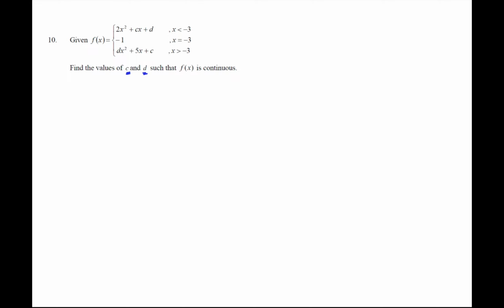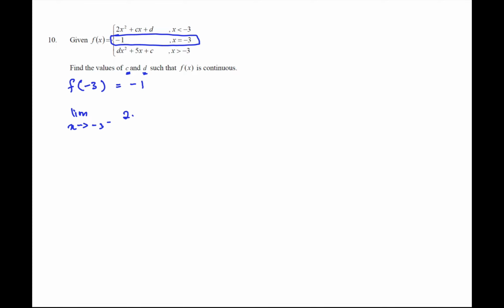So here we need two equations because we have two unknowns, which are c and d. Okay, so we can check f(-3) equal to -1. And then we can check the limit as x approaches -3 from the left.